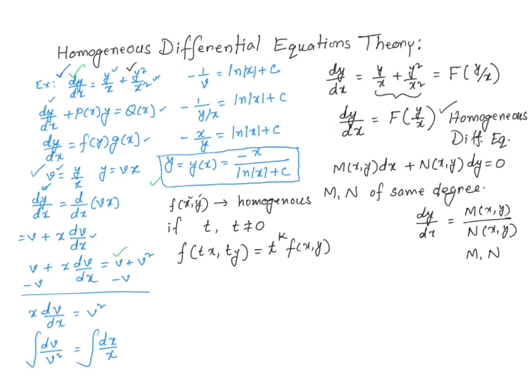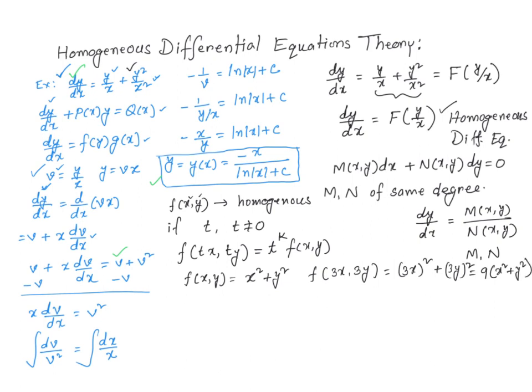Now let me give you an easy example of two functions where one is homogeneous and the other isn't. Let's say f of x comma y is equal to x squared plus y squared. Then f of 3x, 3y, letting t be 3, is 3x whole squared plus 3y whole squared, which is 9x squared plus 9y squared, or 9 times x squared plus y squared.